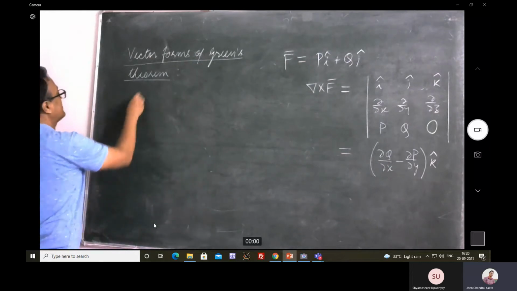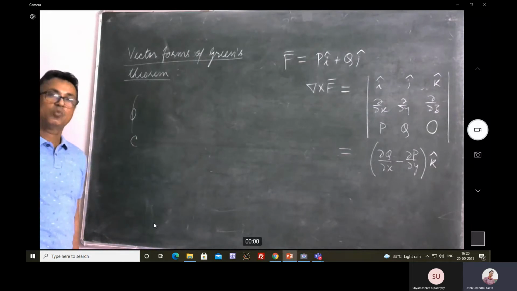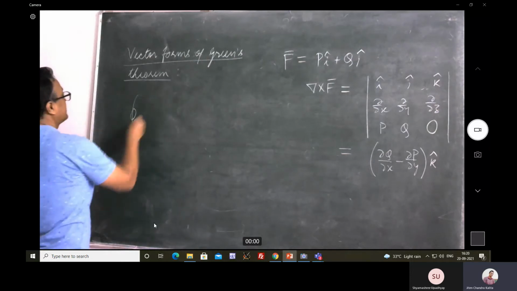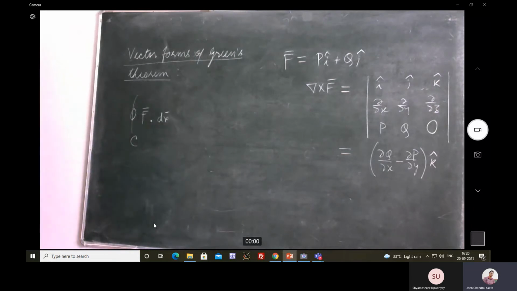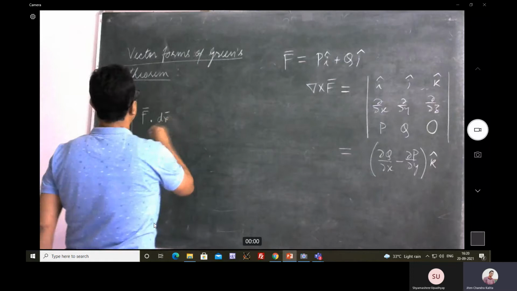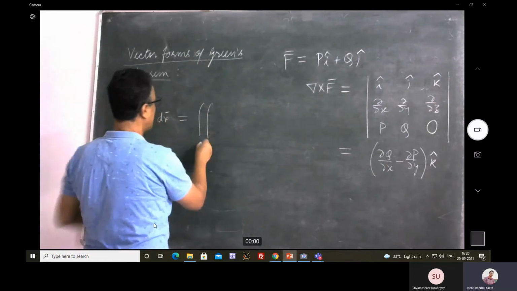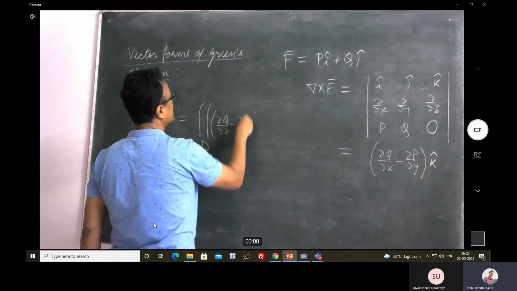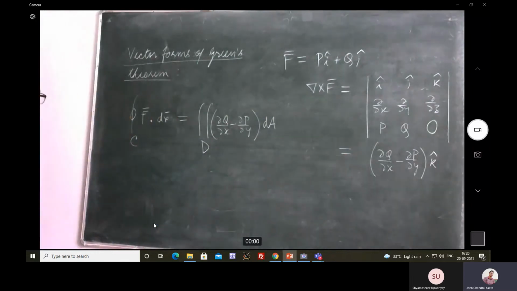So now let us consider Green's theorem on a plane. If I have C as a positively oriented, piecewise smooth, simple closed curve that bounds a region D, then I can write the integral of P dx plus Q dy as a double integral over D. And from here, what I have got was the double integral of (del Q/del x minus del P/del y) dA, isn't it?